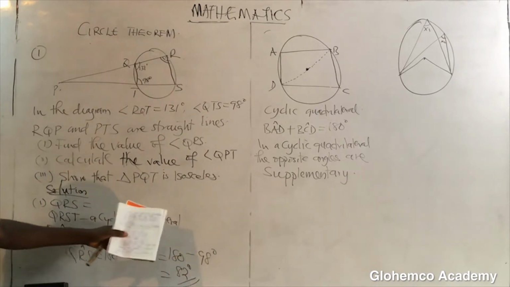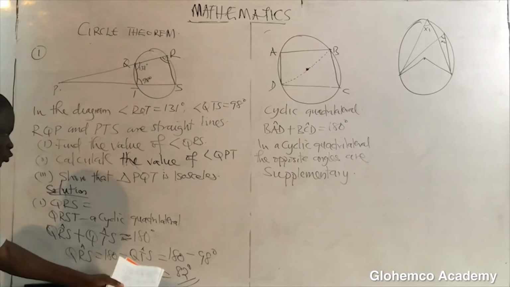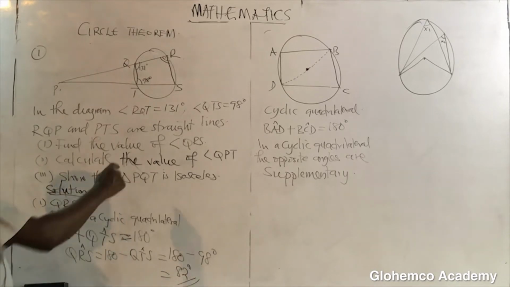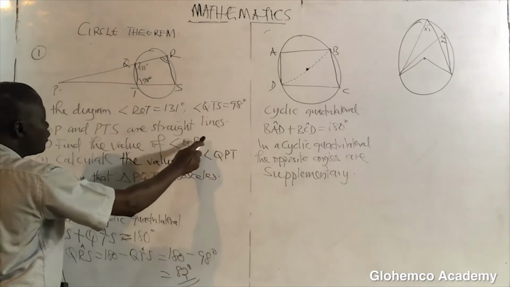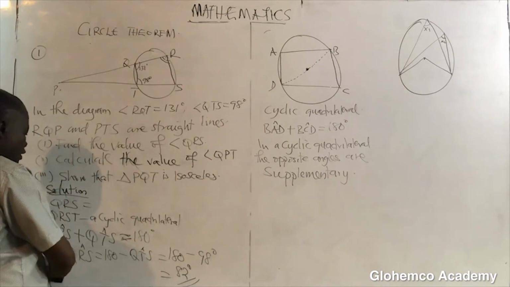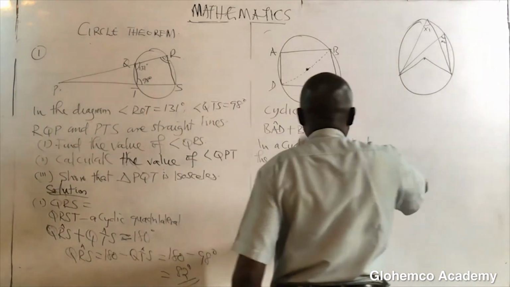What is 180 minus 98? It gives us 82 degrees. It means the value of angle QRS is equal to 82 degrees.